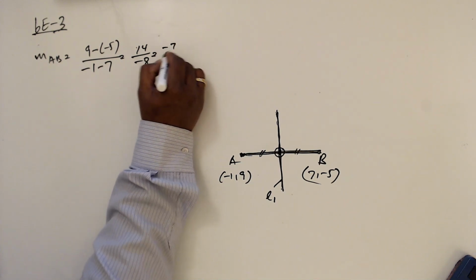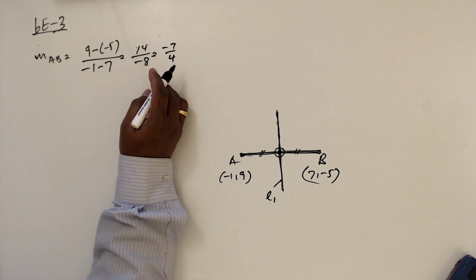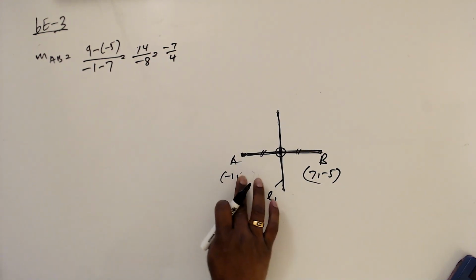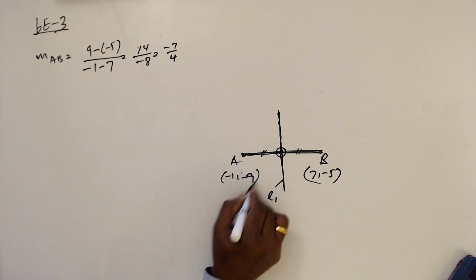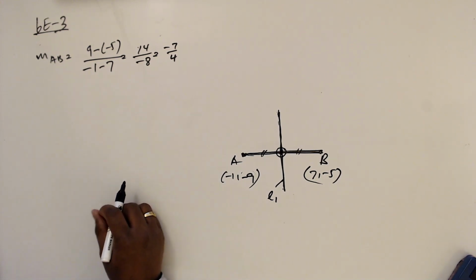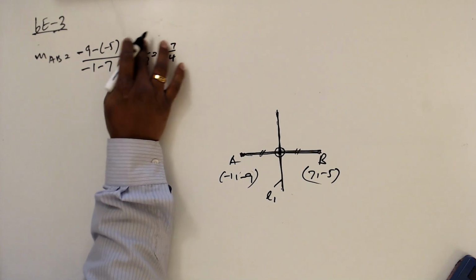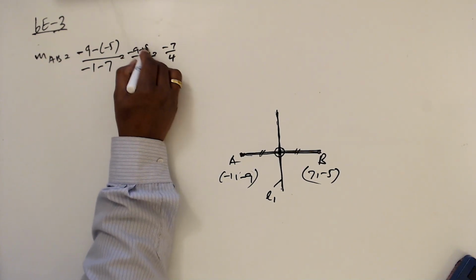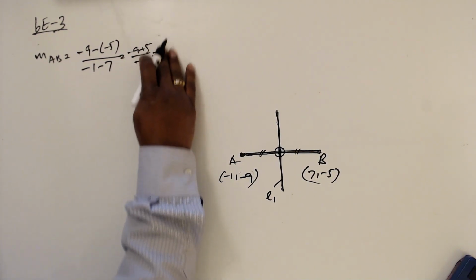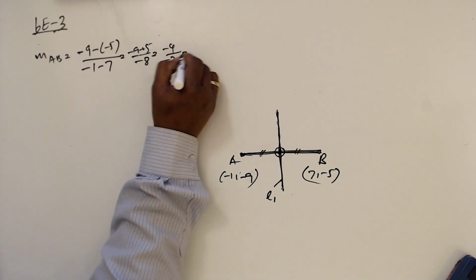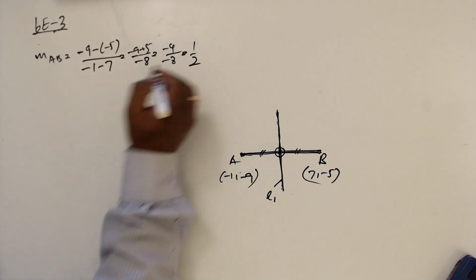So minus 7 over 4. I think this is minus 1 minus 9 and 7 minus 5. Now it is fine. Minus 9 plus 5, so this is going to be minus 4 over minus 8. So this is going to be a half.